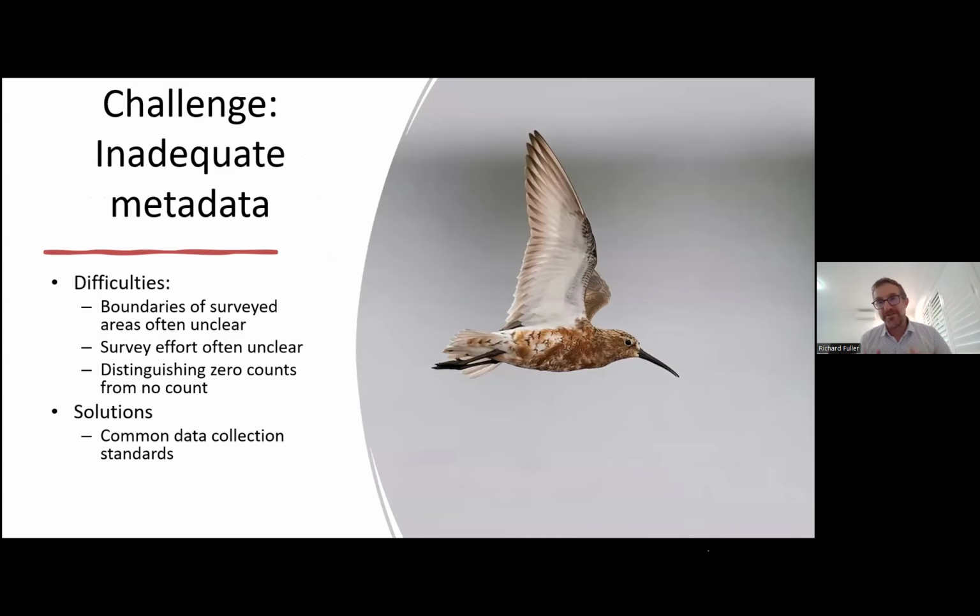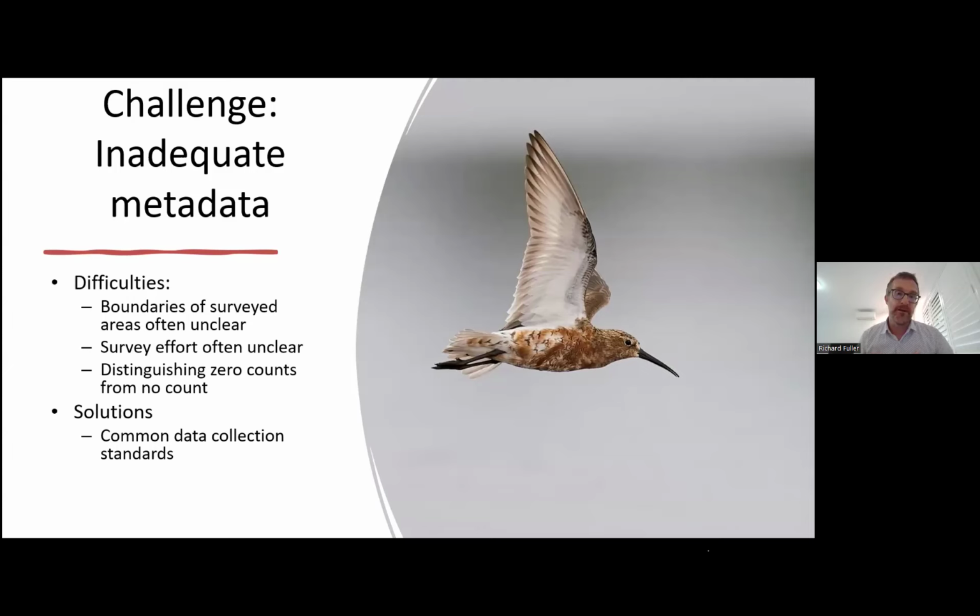Another challenge is metadata, and I'm sure other speakers will touch on this during the session today. Often we have inadequate metadata to really understand how to interpret particular pieces of monitoring data. For example, the boundaries of areas that have been surveyed may be unclear. Those boundaries may change over time, which is a very difficult problem to deal with in analyses.